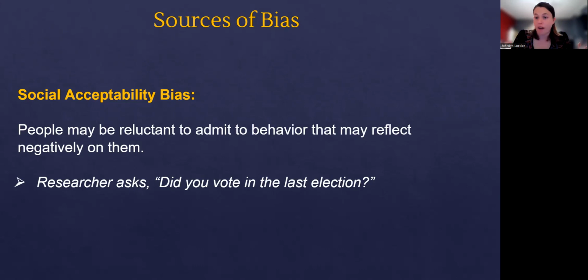People were uncomfortable with answering the question, do you wear socks to bed? And so the people who did answer could be different from the rest of the population, because this question made people socially uncomfortable. So sometimes you have to think about social acceptability bias and how you're running your study.